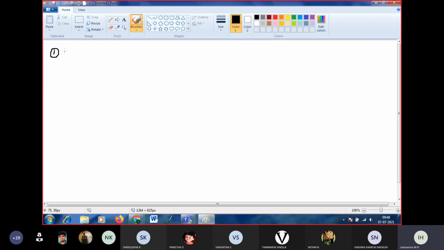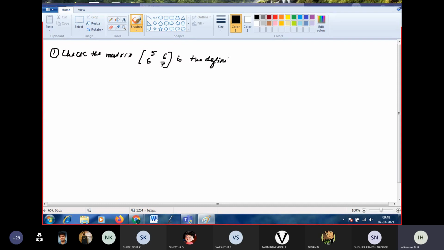Check whether the matrix 5, 6, 6, 7 is positive definite or not. So take down the solution, take down the given matrix. The matrix A will be 5, 6, 6, 7.